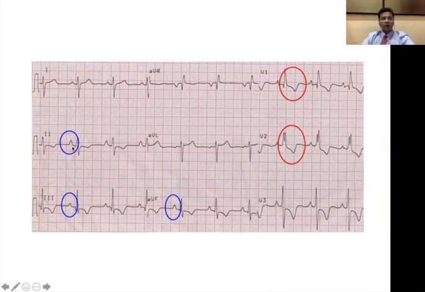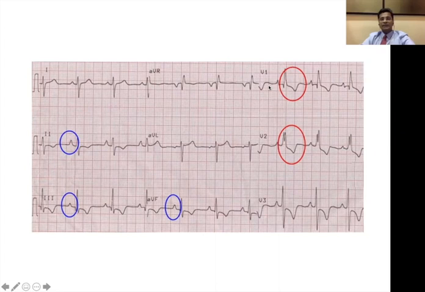This is called P pulmonale. Lead 2 is the best lead to look at the P wave. It's a tall and tented, tent-like P wave called P pulmonale.